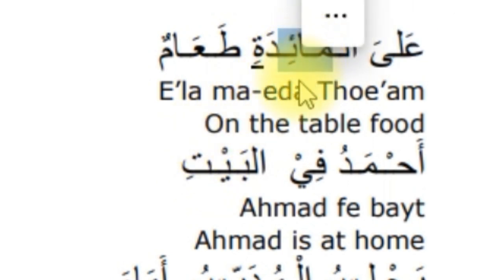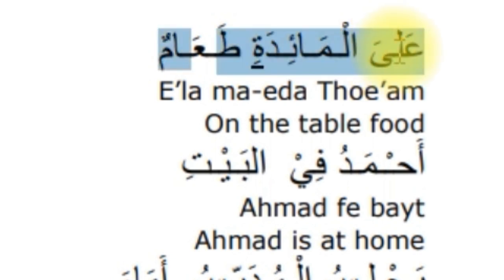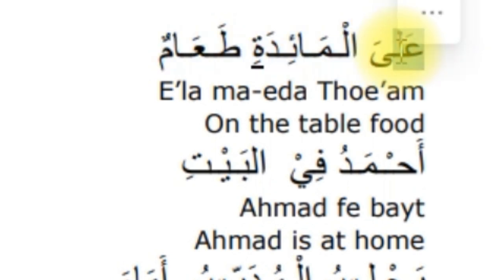Al-Ma'idah means the table. طعام, food. على مائدة طعام. After the preposition على, the word after this must have a stroke below the alphabet. We call this كسرة. على مائدة.